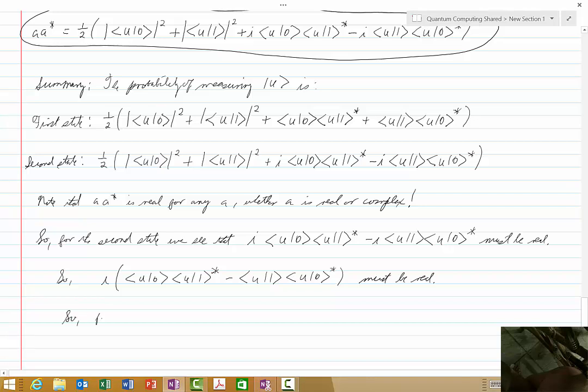So finally, if this is pure real, then the term in the parentheses must be pure imaginary. So finally, u inner product 0 multiplied by u inner product 1 conjugate minus u inner product 1 times u inner product 0 conjugate is pure imaginary.